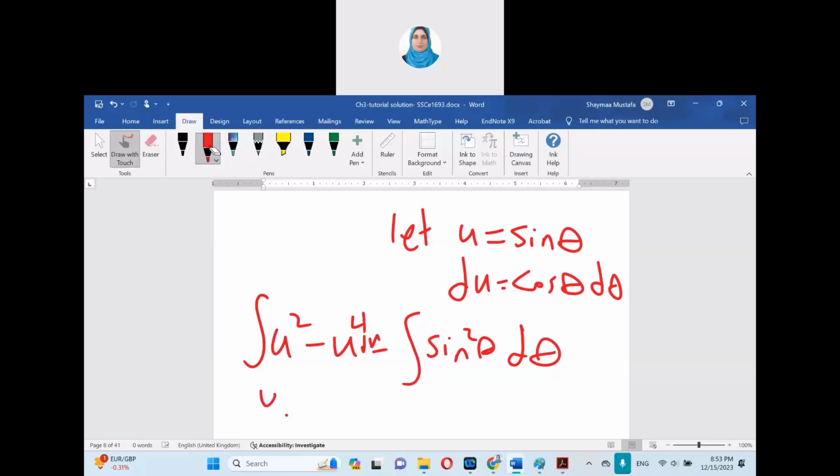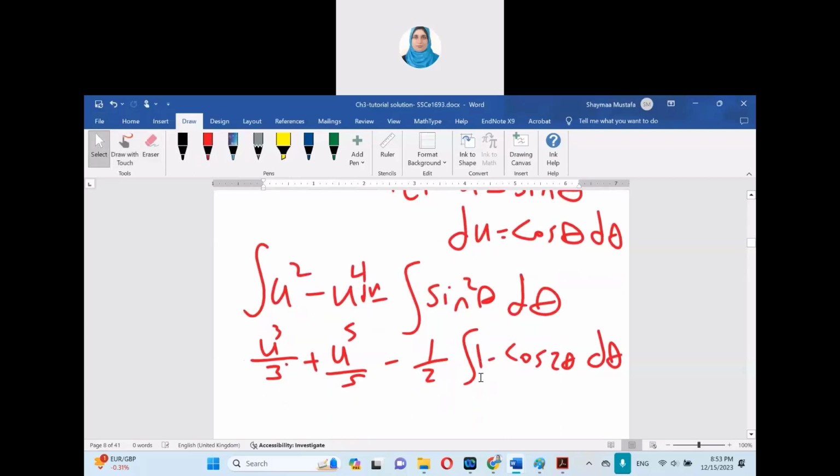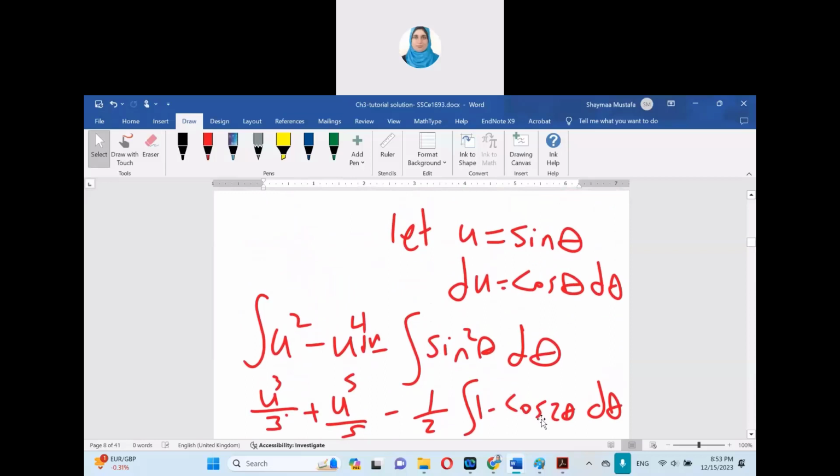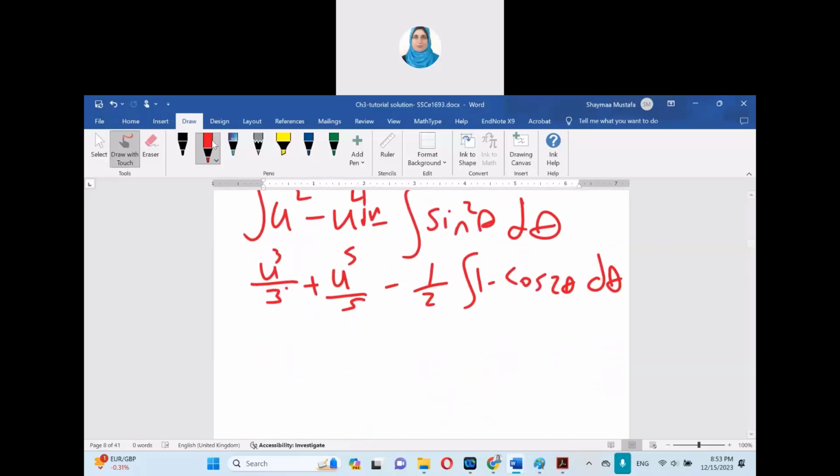This one as a power function: u cube over 3 plus u to the power 5 over 5 minus 1 over 2. The integration of sine square theta is 1 minus cos 2 theta, d theta. And then we can integrate: 1 is theta, and cos 2 theta gives sine 2 theta over 2.